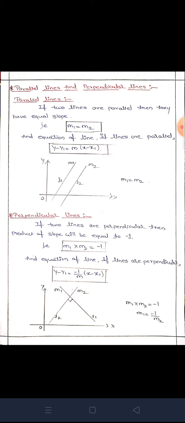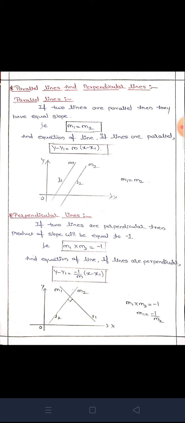If two lines are parallel, then they have equal slopes. And the equation of the line, if lines are parallel, we can write as y minus y1 is equal to m times x minus x1, because these two are parallel if and only if their slopes are equal.